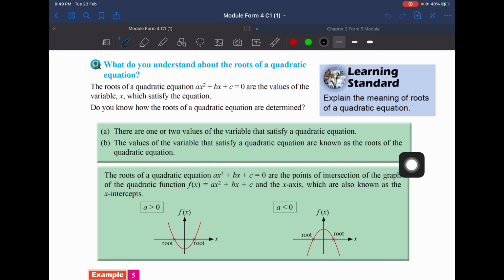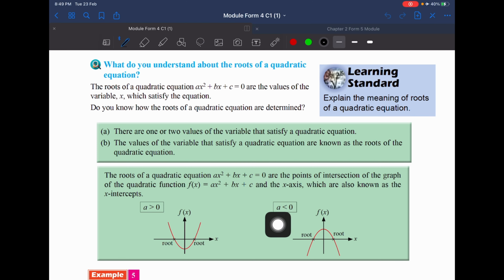So you take a look at this box. If you have a is more than 0, so you know that you have a minimum graph quadratic, ataupun yang kita belajar last week, graph senyum.